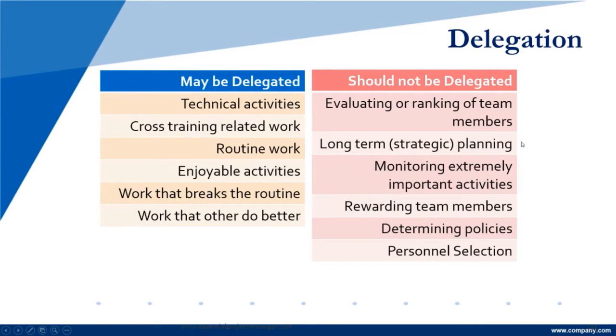You cannot delegate the important activities, monitoring when things are going to be delivered. You can ask people to give you updates, but that's not the same thing as monitoring it.